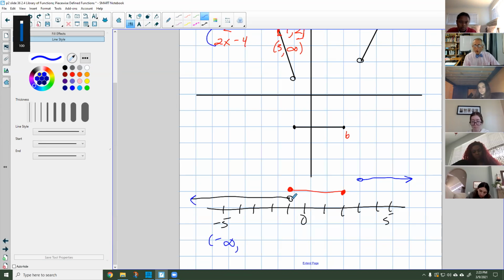There's an open circle there, but it's picked up by the red function, which takes it all the way to positive 2. So I go negative infinity to positive 2, and then there's a gap from 2 to 3. Then it starts at 3 to infinity, and I account for the gap with a union.